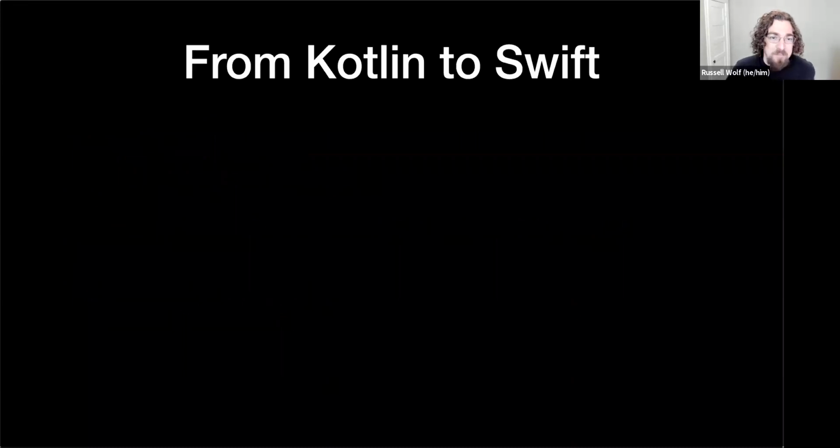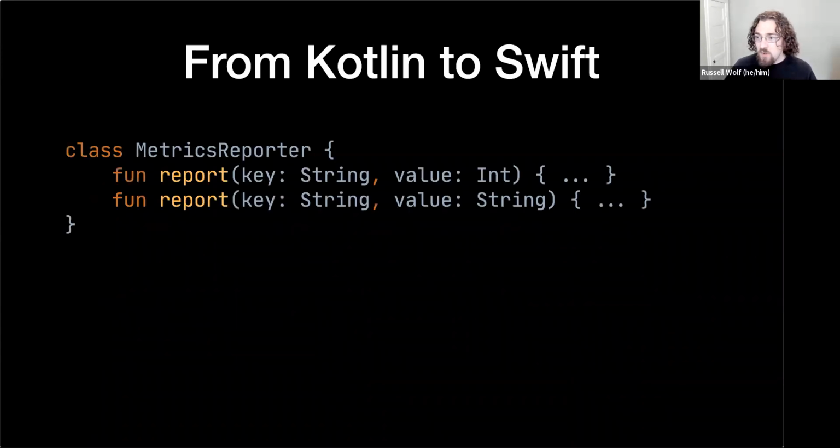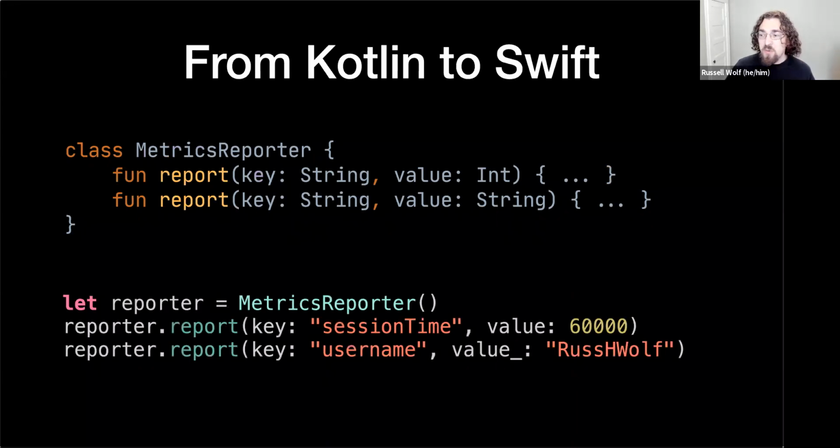So let's look at a couple other examples of things that don't always translate exactly how we might expect. So suppose we have this metrics reporter class that has this report function that has a couple different overloads that can take different types. And from Kotlin, this behaves kind of nicely as we expect. But when we try to call into it from Swift, we see that one of them has this underscore appended.